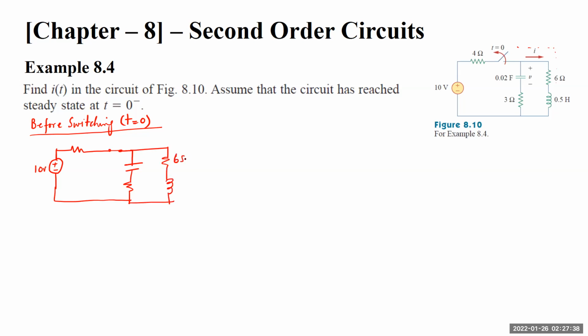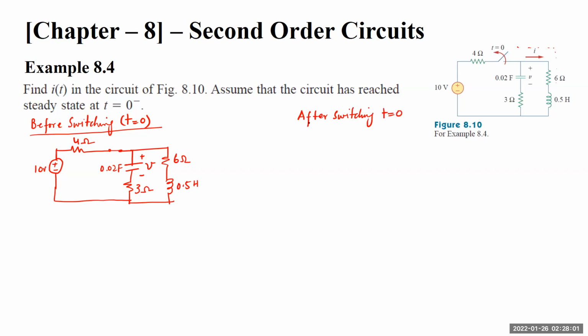This is 6 ohms, this is 0.5 Henry, this is 0.02 farad with voltage V, this is 3 ohms, and this is 4 ohms. So this is before switching.